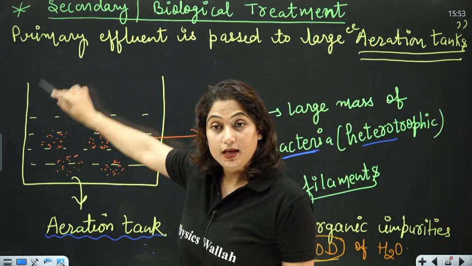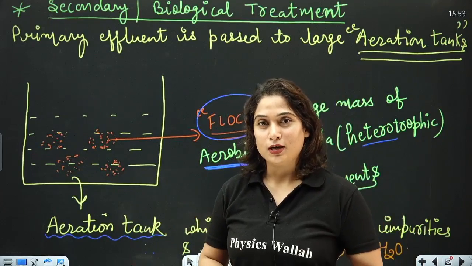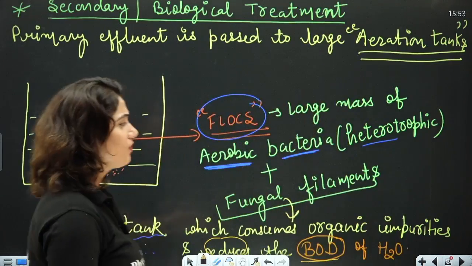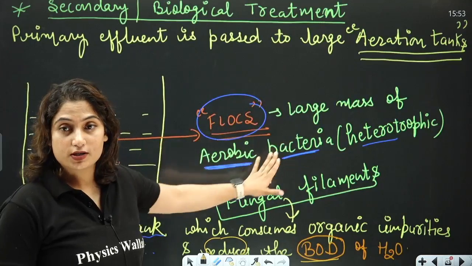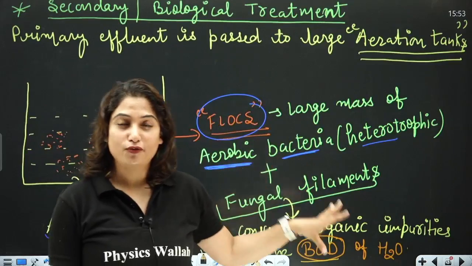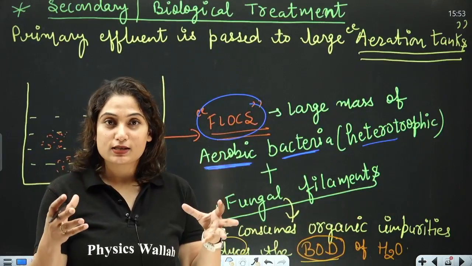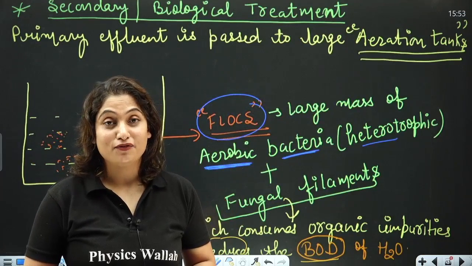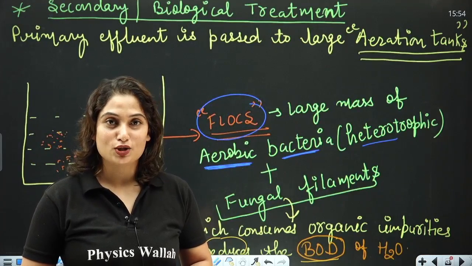This is the aeration tank, and we provide a large amount of oxygen in the aeration tank, and you can see flocks in this aeration tank. Now what are flocks? Flocks are the mass of aerobic bacteria and fungal filaments which will be used in the purification of water.